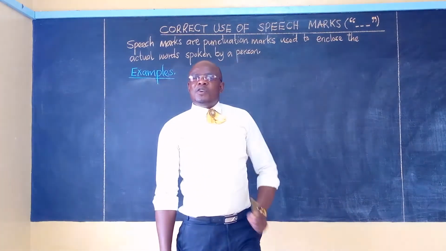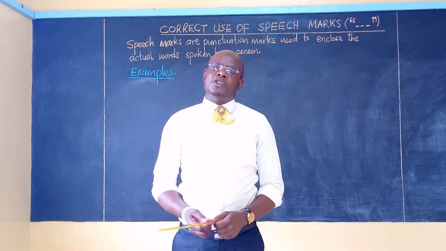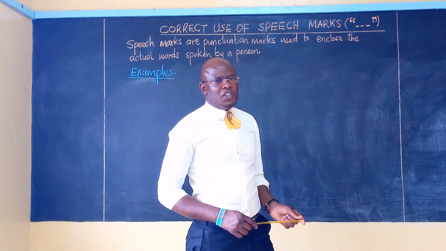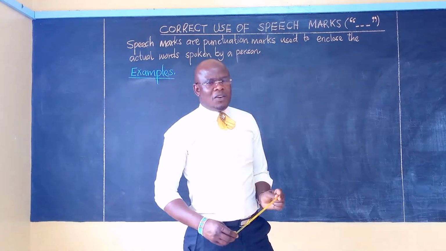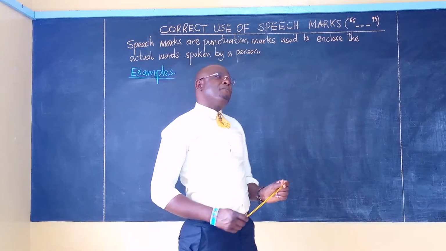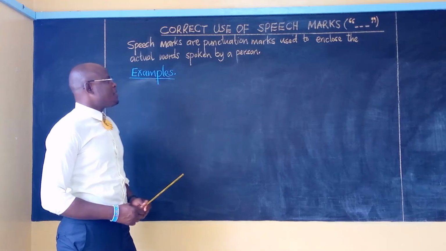Speech marks are also called quotation marks. Remember, we also have single quotation marks, but today we are going to zero in on the correct use of punctuation marks dealing with speech marks.